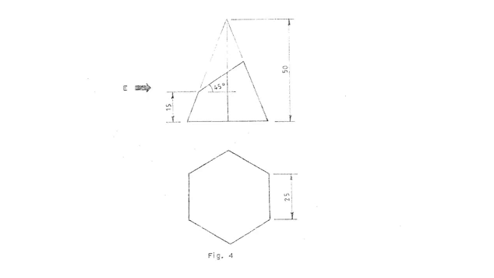Copy the following diagram, figure 4. The figure shows the plan and a complete front elevation, and the plan is a hexagon of sides 25 millimeters.